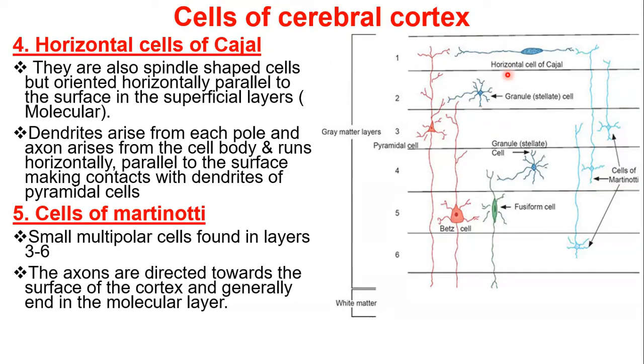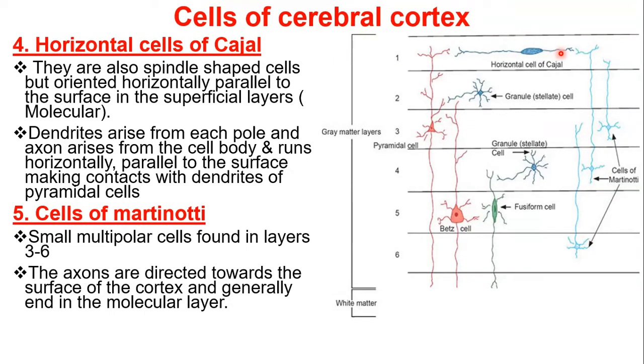The dendrites of these horizontal cells arise from each pole and the axon arises from the cell body and runs horizontally. One process acts as axon and the other acts as dendrites. This is the axon and this is the dendrites.